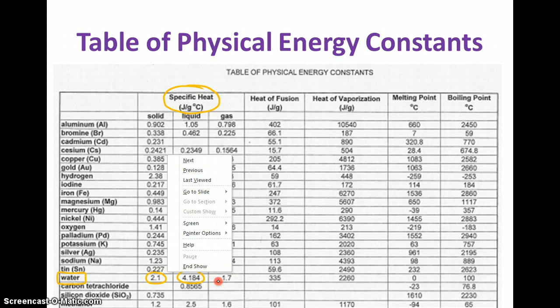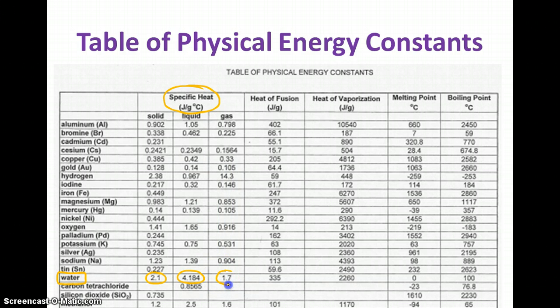It takes 1.7 joules to increase the temperature by 1 degree Celsius for 1 gram of gas, like water vapor. Those need to be used, and you will have this table available to you all the time. I'm not going to have you memorize this entire table. That would be kind of unreasonable.